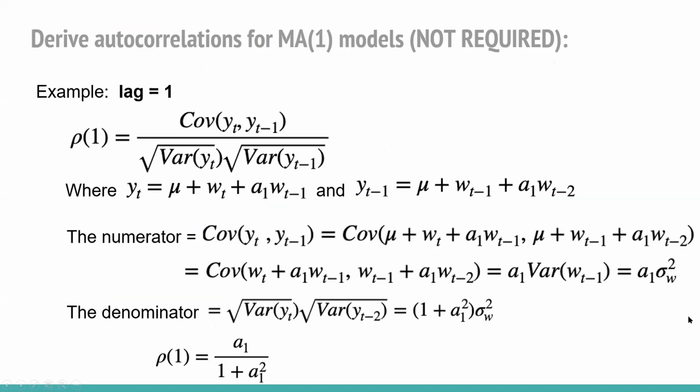The sigma squared W cancels, and I have A1 divided by 1 plus A1 squared. Can you see that now? So this is the autocorrelation at lag 1 for a moving average of order 1.